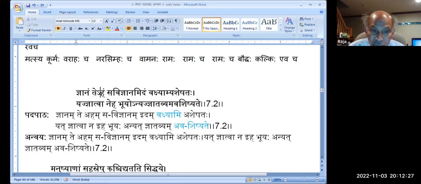Jnanam, Teham, there's no space. Only in the modern times, they're adding spaces. You follow that? So it is very difficult. These are all helping modern people to be able to read and learn Sanskritam.